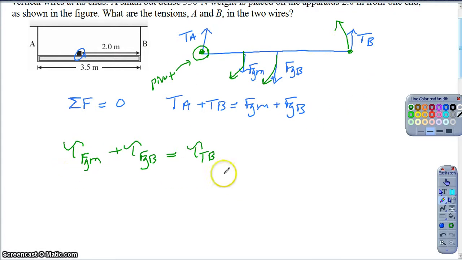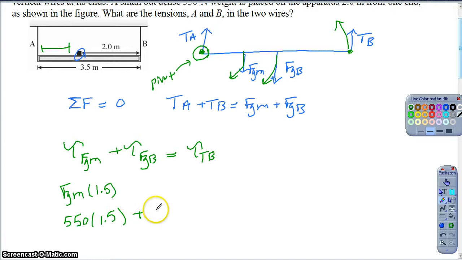So again, as soon as I set this up, hopefully this problem is pretty easy. The nice thing is all of these forces are perpendicular, so I don't have to worry about any angles. I don't have to worry about any sines or cosines or any of that. Right? So this is just the force of gravity of the mass times how far away from the pivot point it is. So it would be 1.5 meters from my pivot point at A. So the force of gravity of the mass, which they told me was 550 newtons, times 1.5 meters, plus the beam itself, which we said was 1,200 newtons in the problem.